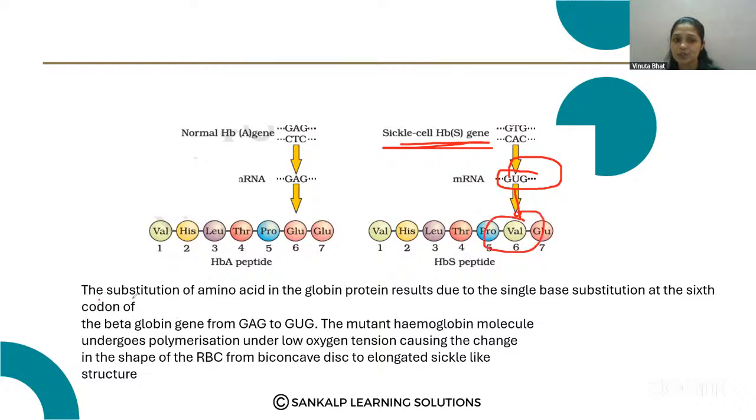The substitution of the amino acid in the globin protein results from a single base substitution at the 6th codon of the beta globin gene, from GAG to GUG.